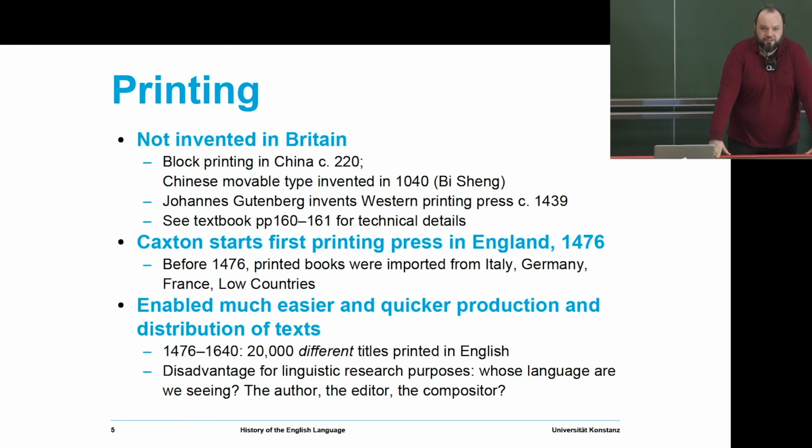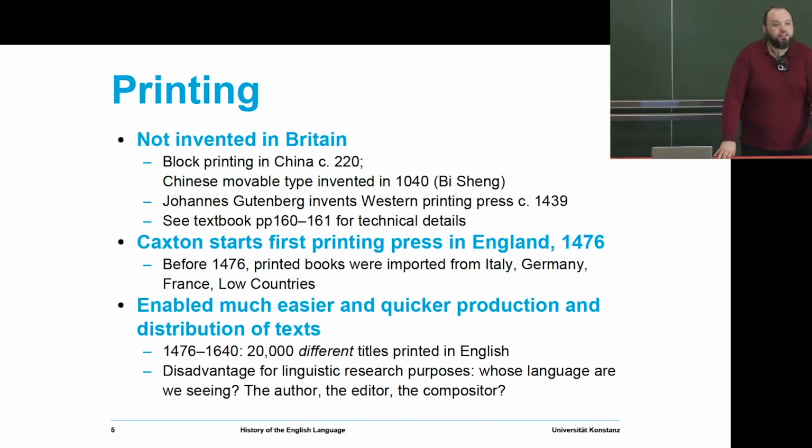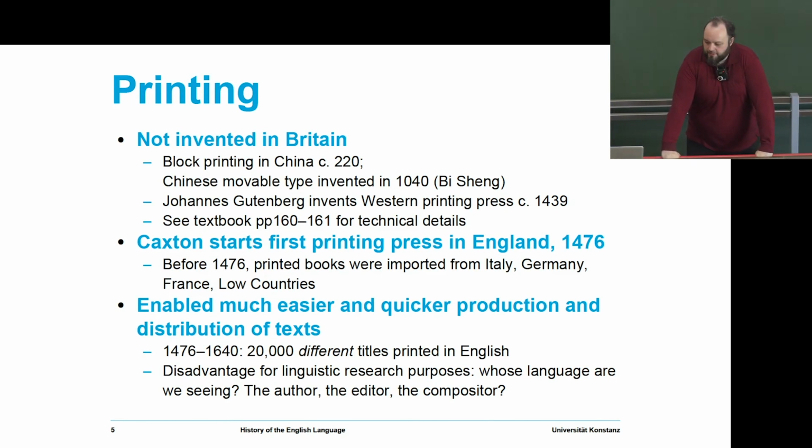This is something that, as we see, is brought in to England at the very, very end of the Middle English period by Caxton. This isn't where printing came from. Printing was not invented in Britain. Nor was it really invented in Germany in any meaningful sense, so that's what people usually say. Printing was in fact invented in China circa 220, at least that's the first time printing was invented, block printing.